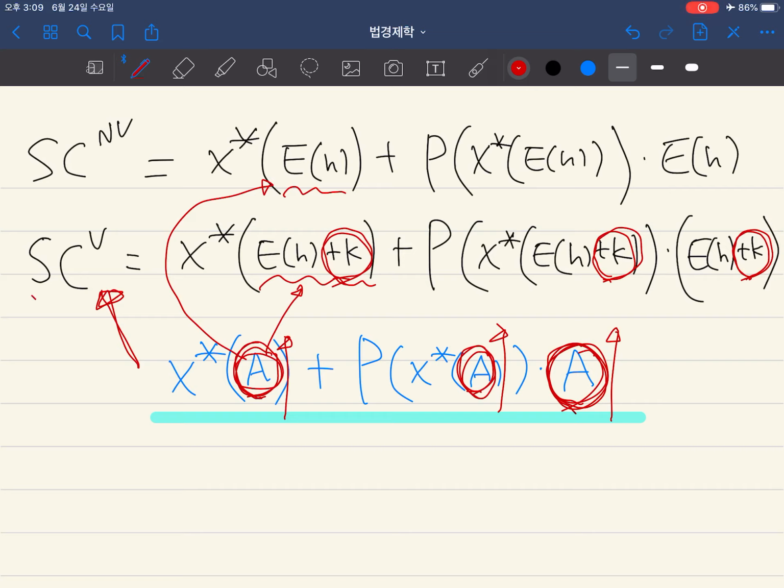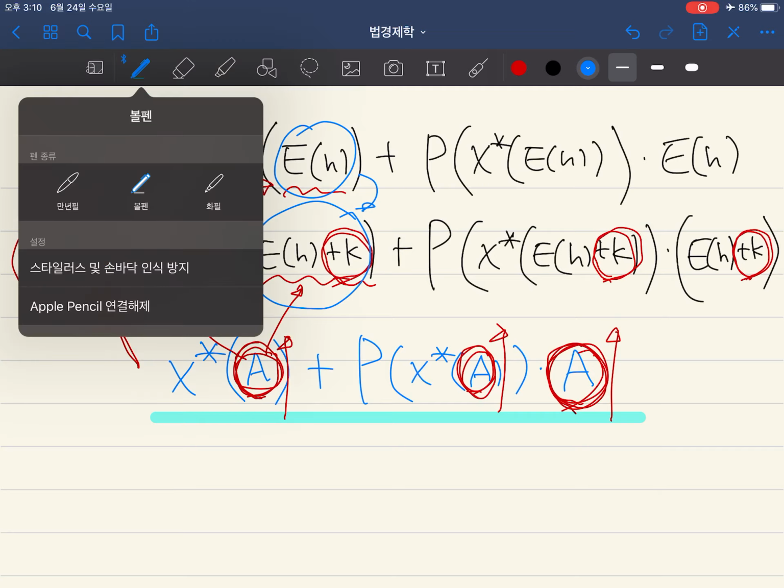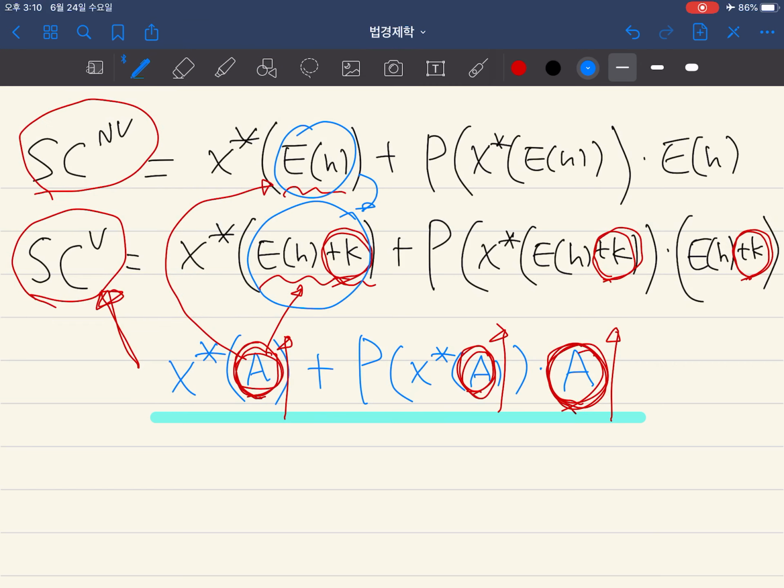It means social cost under verification is bigger than social cost under no verification, because of positive K. So now our final step is to verify that this blue expression is increasing when A is increasing.